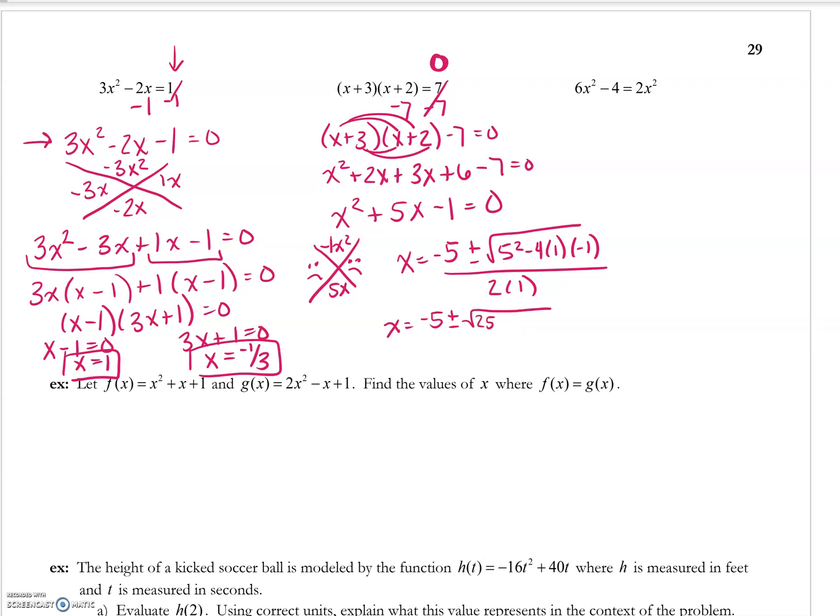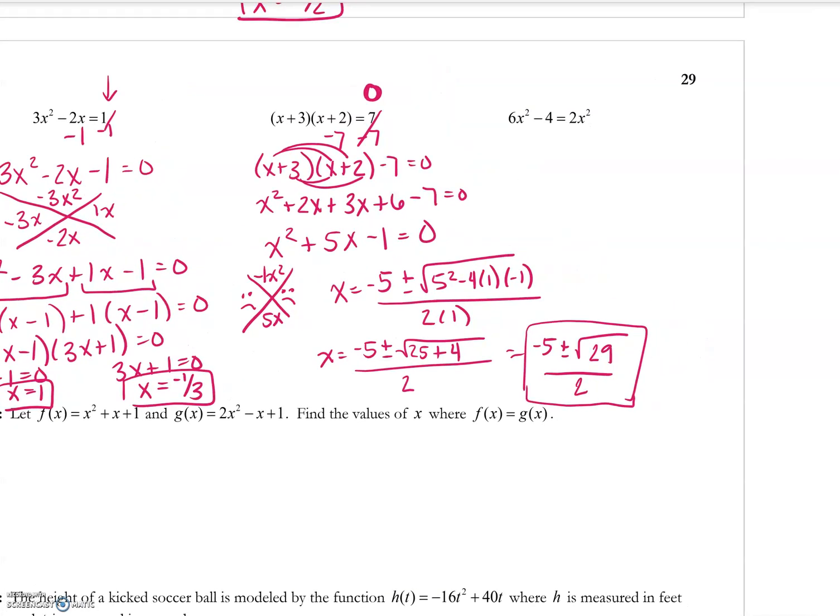Negative 4 times positive 1 is negative 4, times negative 1 is positive 4, all over 2. And then we just add what's underneath our radical. So negative 5 plus or minus the square root of 29, all over 2. We cannot take the square root of 29, nor can it be simplified, so that's our final perfect beautiful answer.